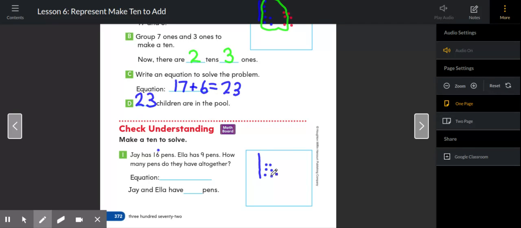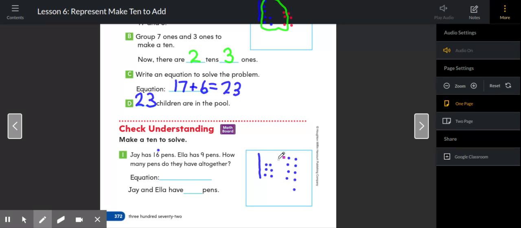So Jay has 16 pens. Ella has 9 pens. I'm going to draw Ella's 9 over here. And that means that we need to make a 10.